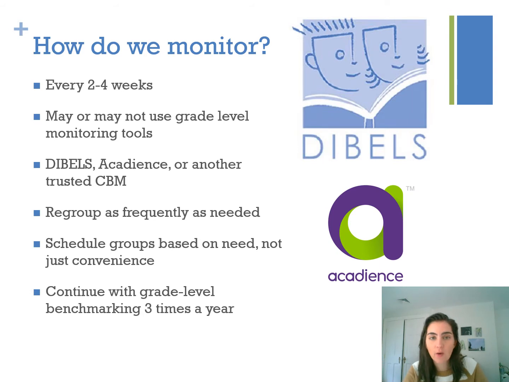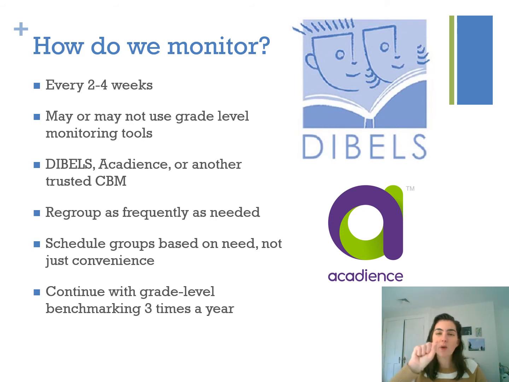So what is it that we are monitoring, or how do we progress monitor? For our really, really low kids, it helps to progress monitor every 2 to 4 weeks. You might not see insane amounts of growth. So it's not like every 2 weeks you'll be, whoa, that was impressive.